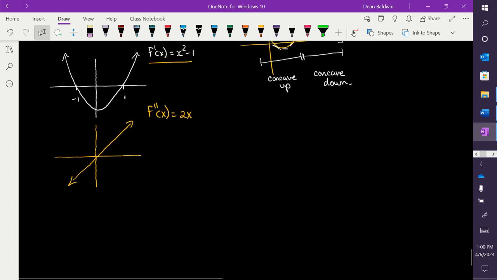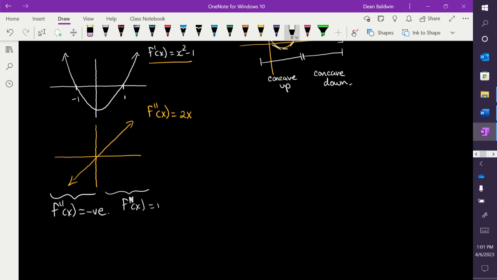On this graph, this section has a second derivative that is negative. Does everybody agree with that? Because it's below the x-axis. And this part of the graph, the second derivative is positive. Yeah?